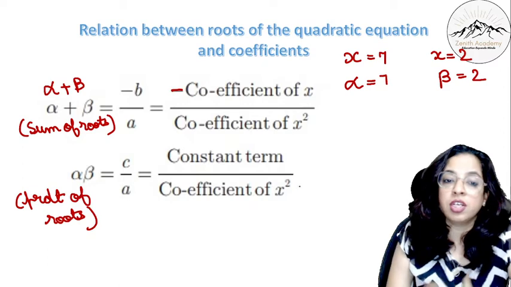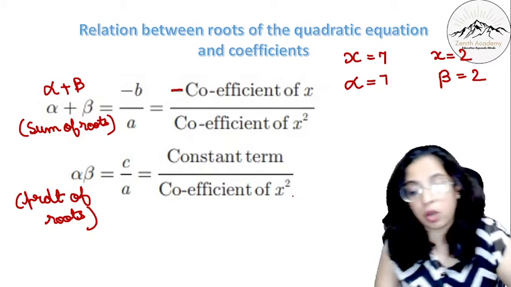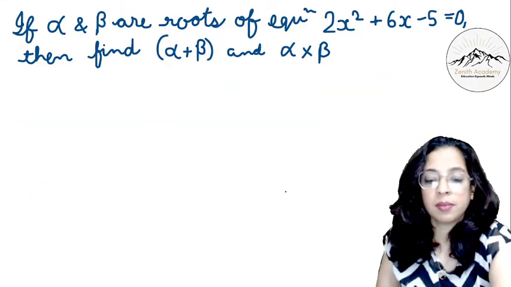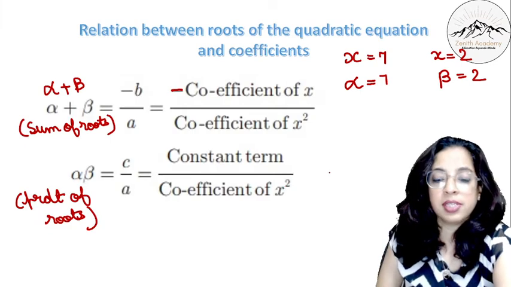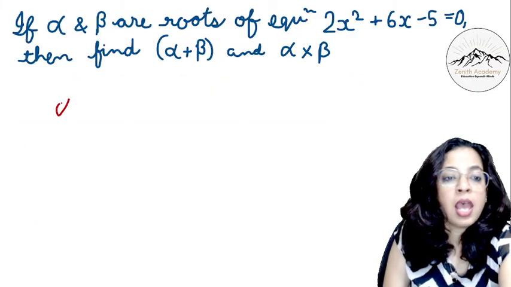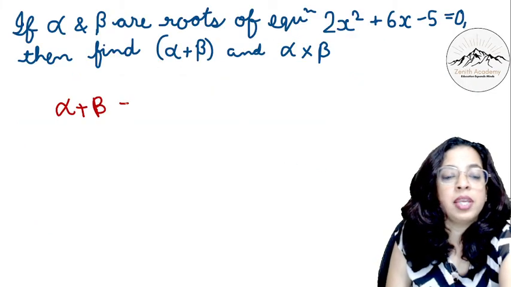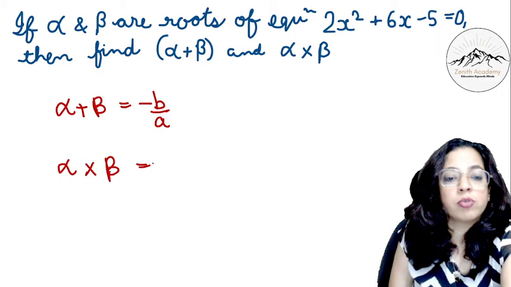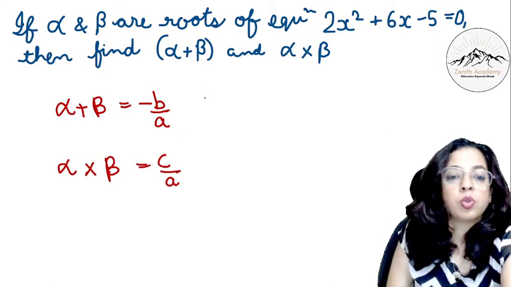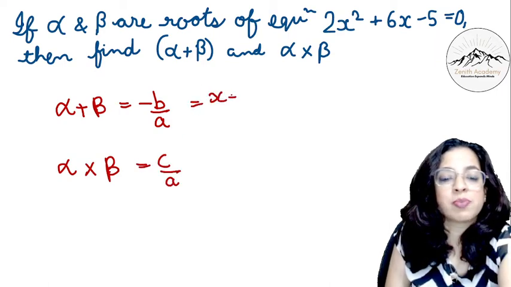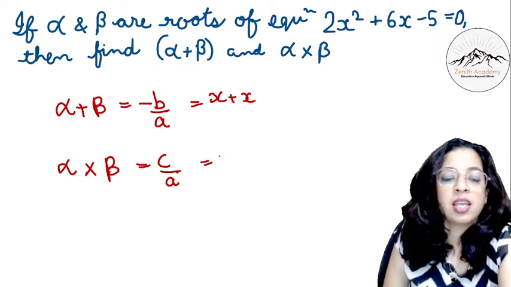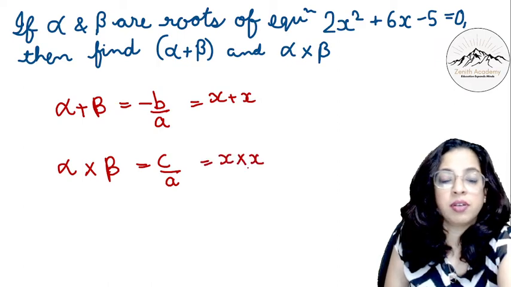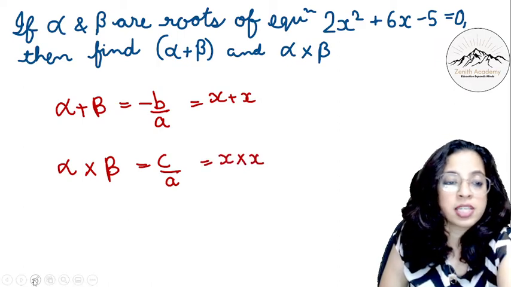C is the constant term and a is the coefficient of x square. So I will repeat this again here. Alpha plus beta will be equal to minus b by a, and alpha into beta will be equal to c by a. I hope this is clear to you.